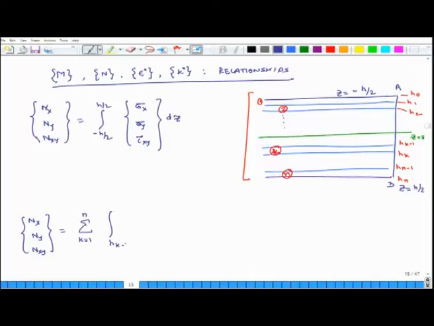It will be from h(k minus 1) to hk, and for the kth layer, the stress is Q bar times epsilon x, epsilon y, gamma xy plus z times kx, ky, kxy.